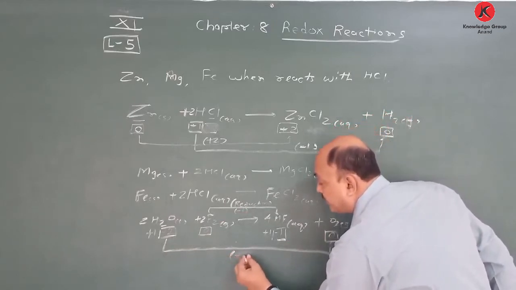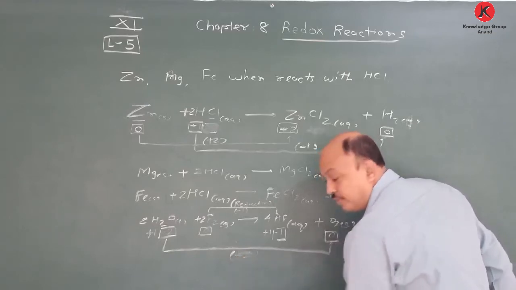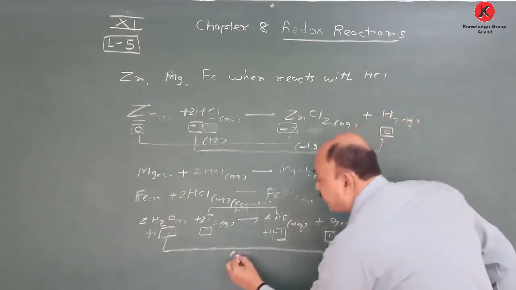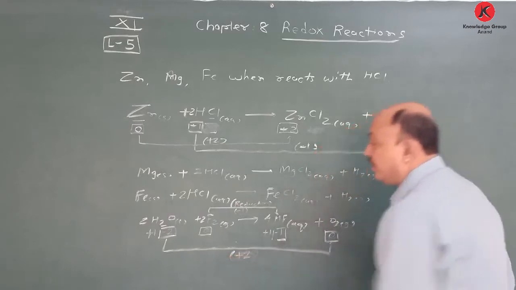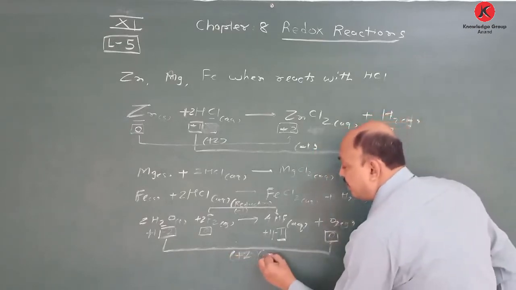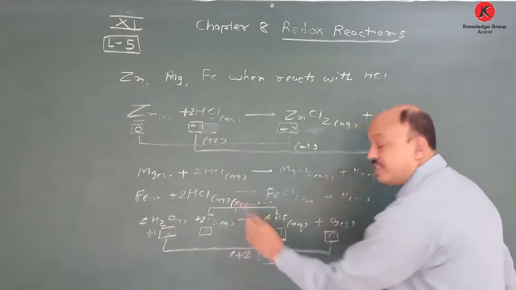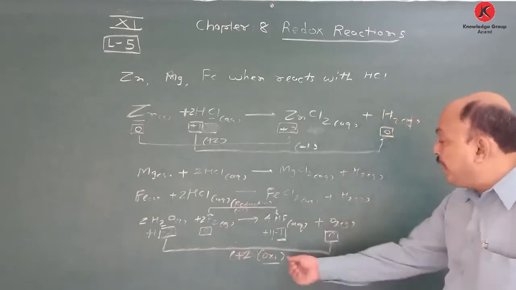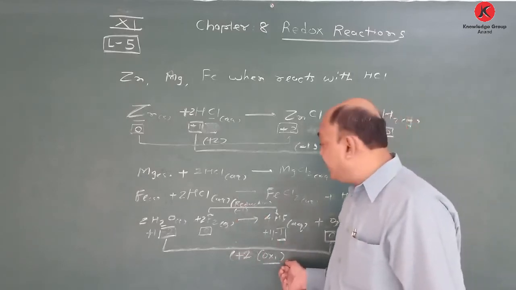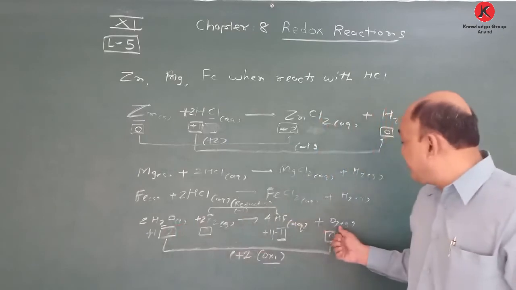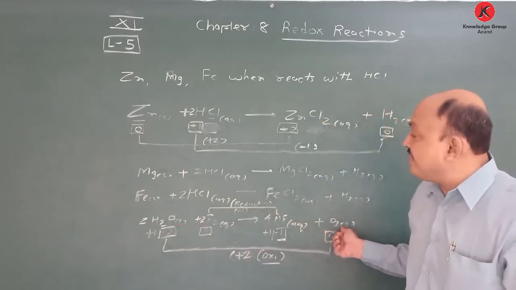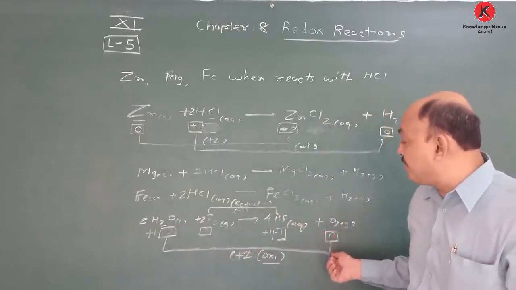Perfectly written down. So this undergoes oxidation reaction, this undergoes reduction reaction. Remember, oxidation reaction is when O goes to O2. We can say that electron is gained or lost.